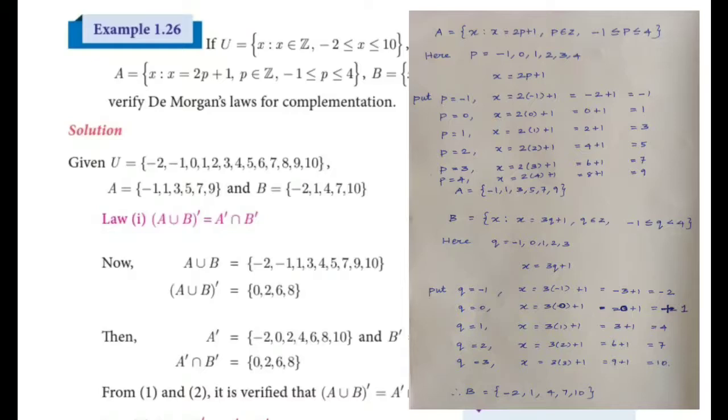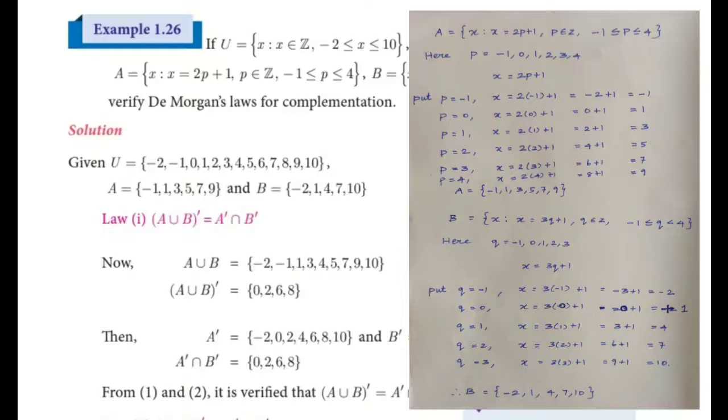Put p = 3, x = 2 × 3 + 1 = 6 + 1, we get 7. Put p = 4, x = 2 × 4 + 1 = 8 + 1, we get 9. Therefore set A = {-1, 1, 3, 5, 7, 9}.